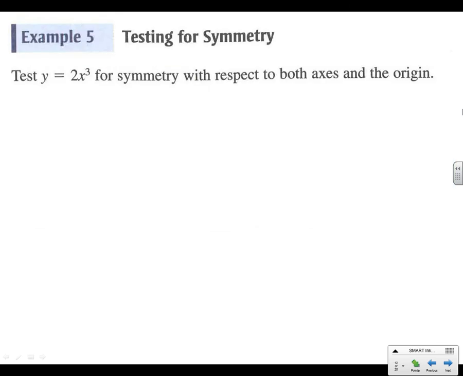Let's test for symmetry on this one. y equals 2x cubed. So we're going to start by doing, instead of y, negative y equals 2x cubed. So I substituted negative y for y. And so what we're checking for here is x-axis symmetry.